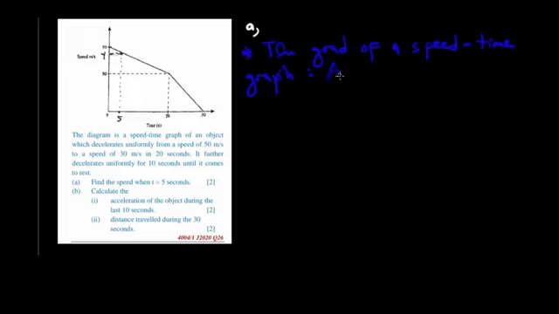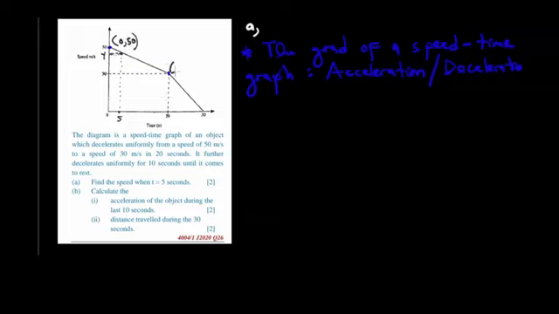Now the first point we should appreciate is the gradient of a speed time graph gives us acceleration. But in this case, of course, it's deceleration. So if we task ourselves to calculate the deceleration from this point to this point using the gradient of the speed time graph, this means that at this point, the coordinates are, putting the x-axis coordinate first, 0, 50.